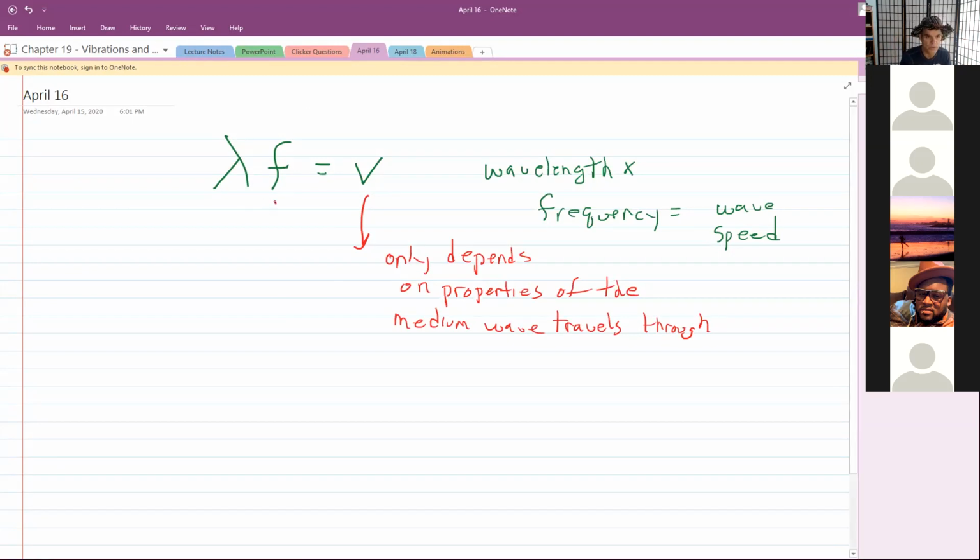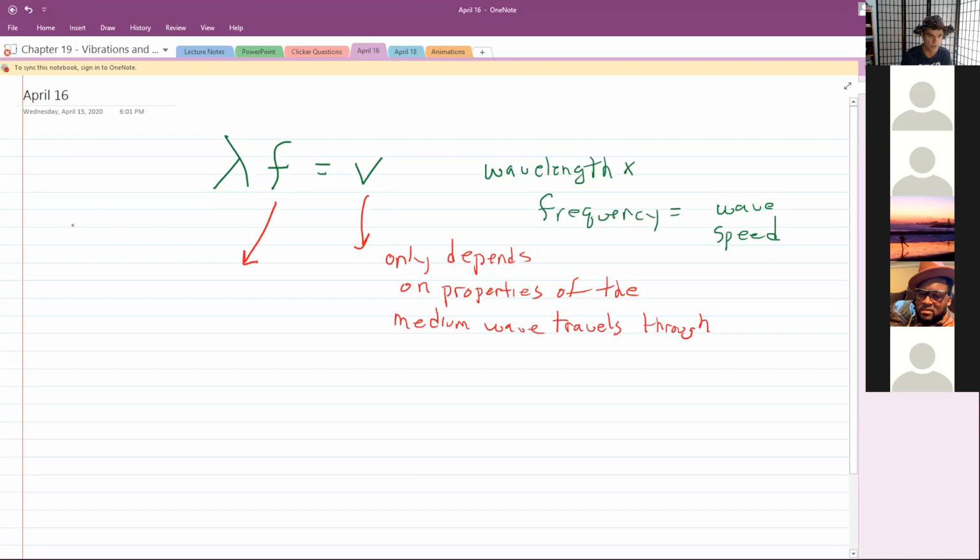Now, what determines the frequency of a wave? Here's a good question. What do you think determines the frequency of a wave? All waves are created by something which is oscillating up and down or back and forth. Like I said, for sound, me talking, it's my vocal cords oscillating back and forth. The frequency that they oscillate back and forth at will be the same as the frequency of the sound wave they produce.